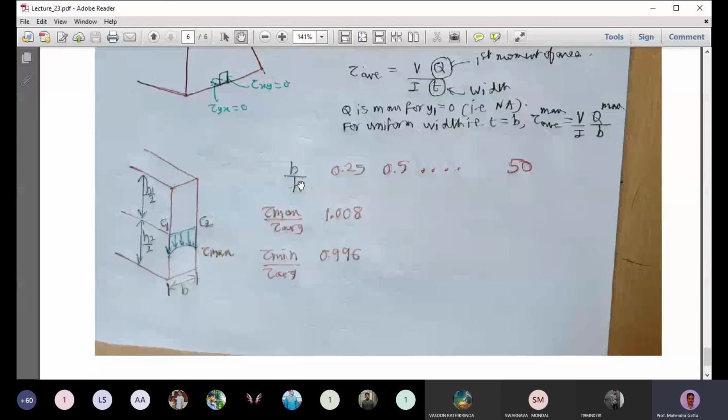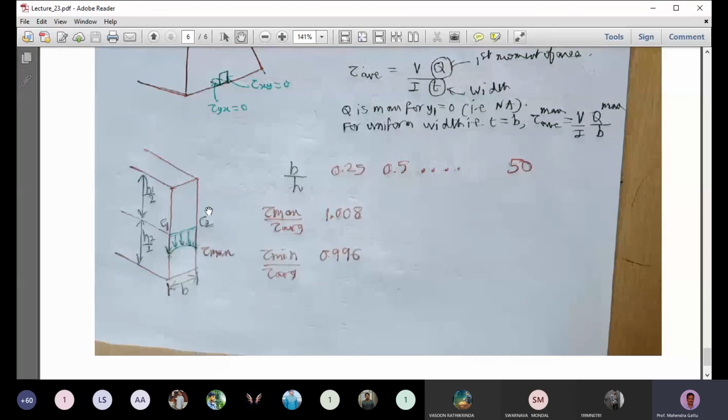So here the width by H ratio is given as 0.25, and it goes up to 50. When B by H is 0.25, the breadth of the beam is 0.25 times the height. And when B by H is 50, the breadth is 50 times the height. So when B by H is 50, the beam is very wide, and when B by H is 0.25, the beam is very thin.